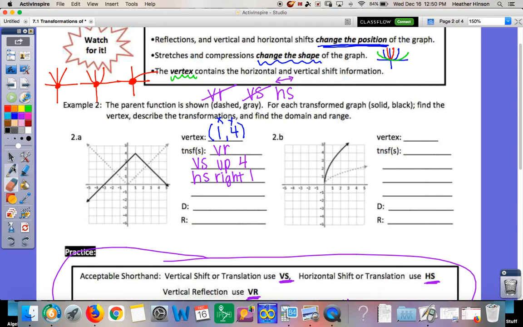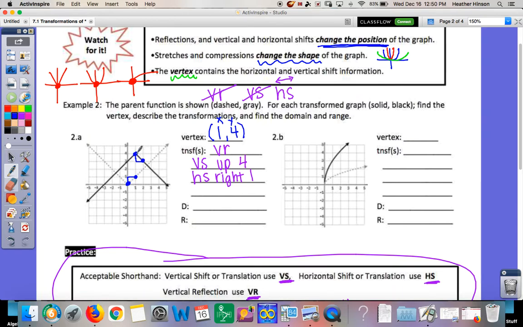For stretch or compress, you want to look at the slope of the very first point. Originally, the very first point is always going to go up 1, over 1. What is this one doing? Is it still 1 over 1? This one's going down because it reflected, but we don't have to worry about the down. Is it still 1 over 1 to get to the next point? Yes.